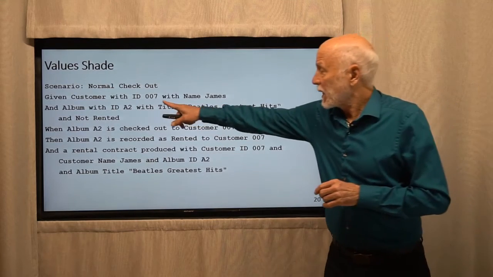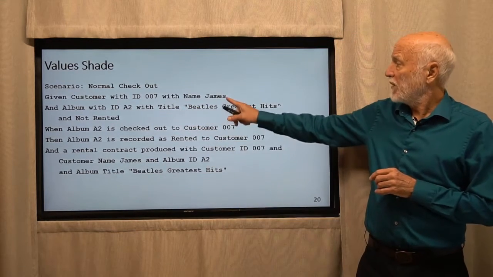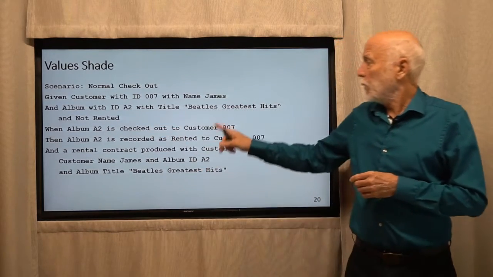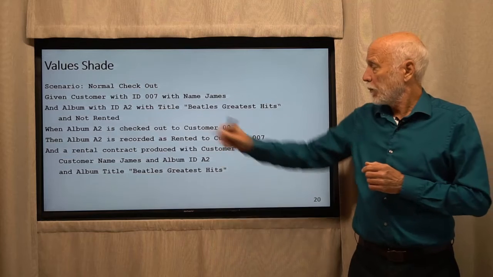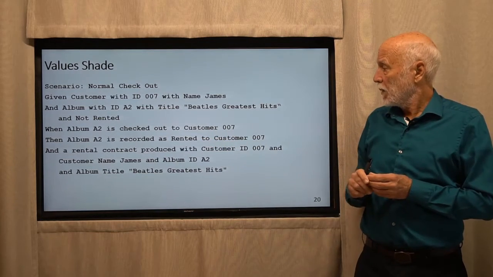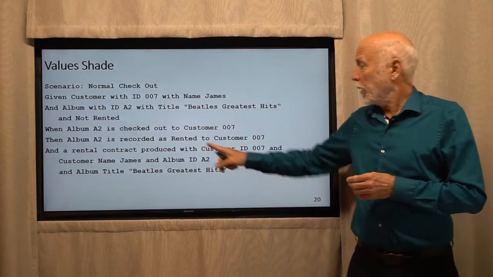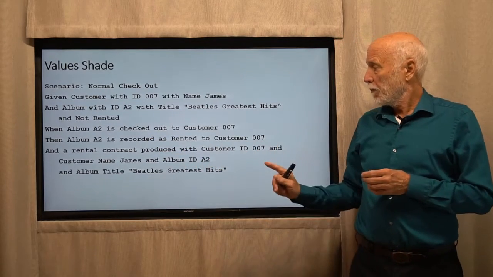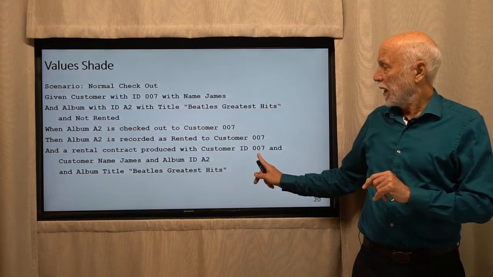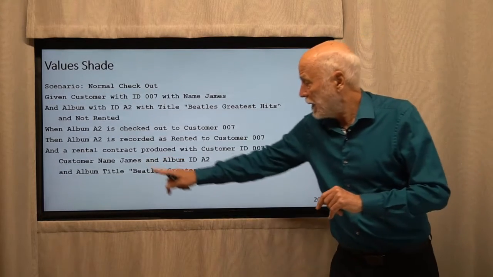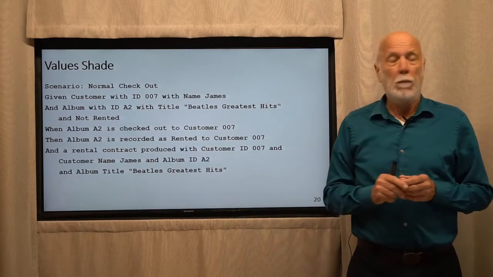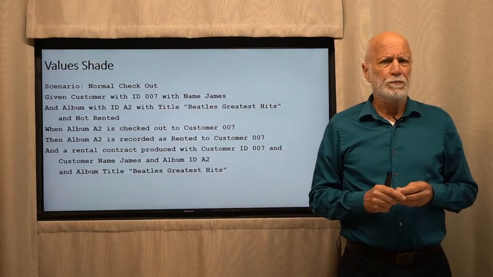Now we have given a customer with an ID 007 and named James, and an album with an ID 82 and a title Beatles Greatest Hits and not rented. When we check it out to customer 007, then 82 is recorded as rented to that customer, and we produce a rental contract with a customer ID 007 named James, album ID 82, and the title Beatles Greatest Hits.